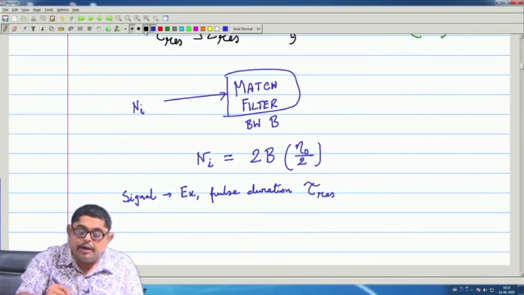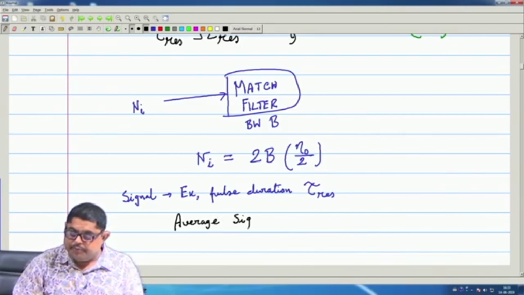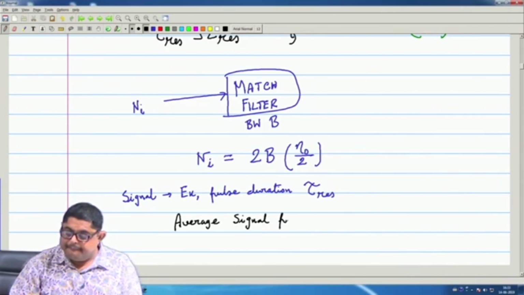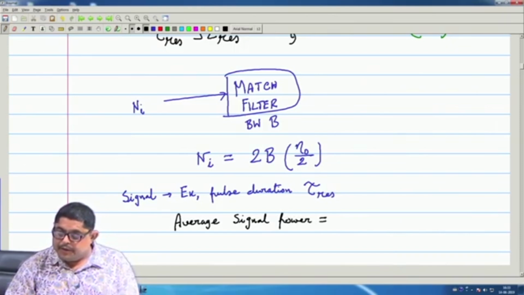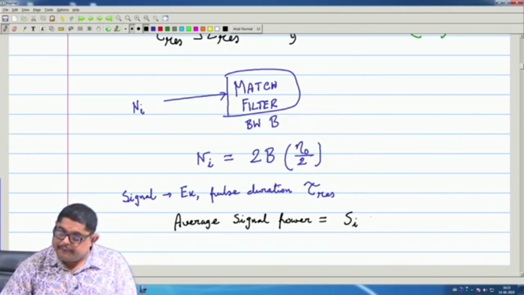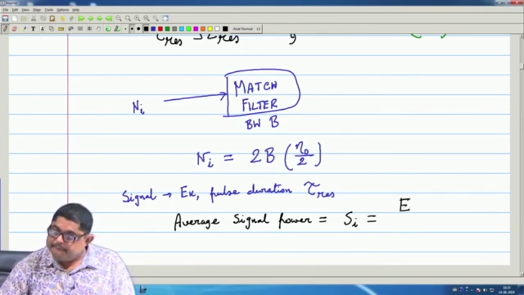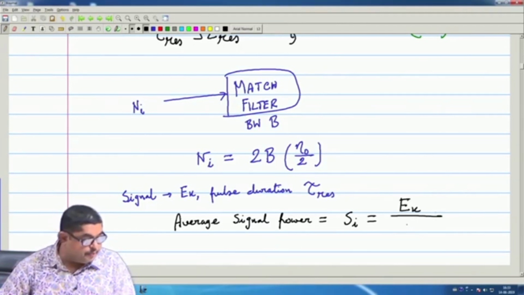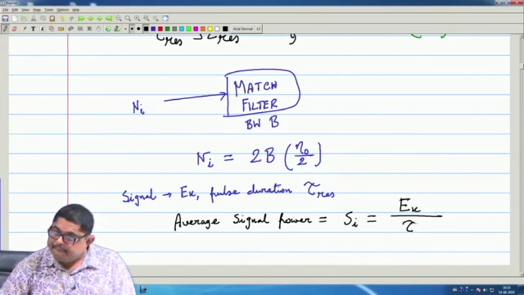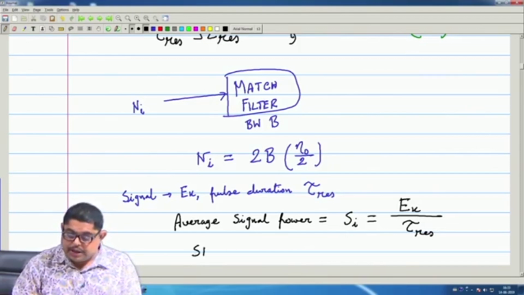Then I can say the average signal power is Si, and that Si will be Ex by tau resolution. So what is the SNR at the input?